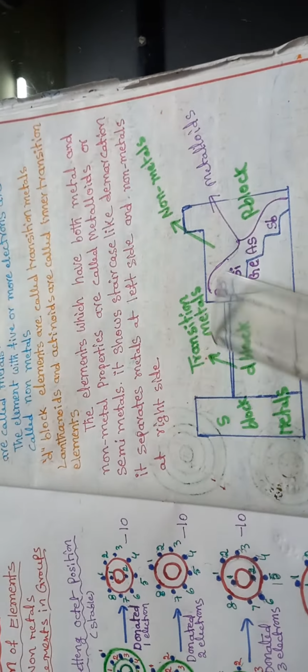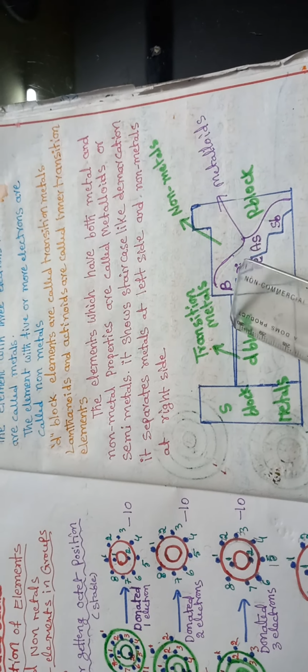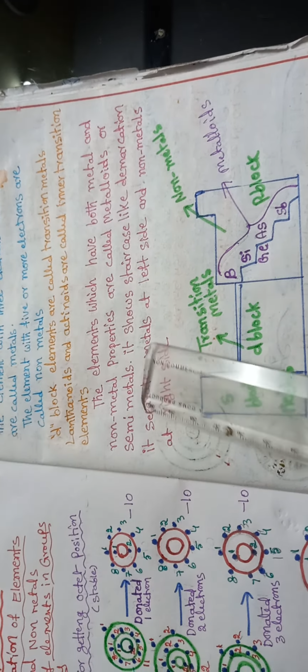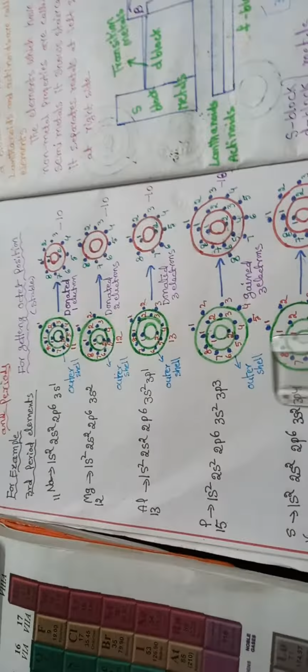Next one, when we see the P block elements, some specialty is there, that is, the elements which have both metal and non-metal properties. So in the P block elements we can see the non-metals. First here we can see 6 elements.